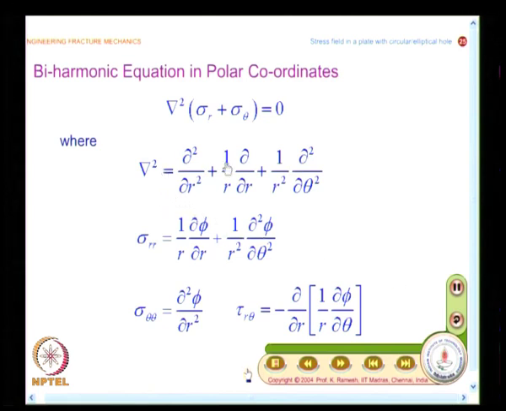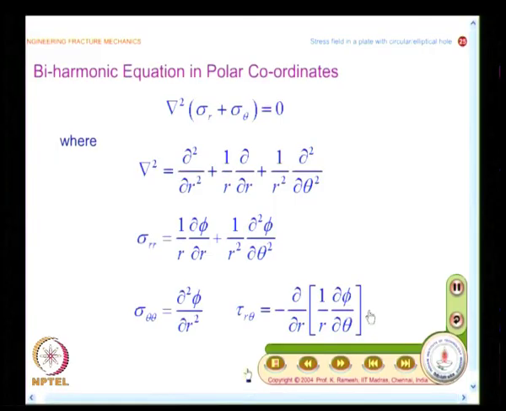The moment you define what is phi, the expressions for sigma rr, sigma theta theta and tau r theta are specified like this: sigma rr is given as 1 by r dou phi by dou r plus 1 by r squared dou squared phi by dou theta squared, sigma theta theta as dou squared phi by dou r squared, tau r theta equal to minus dou by dou r of 1 by r dou phi by dou theta.